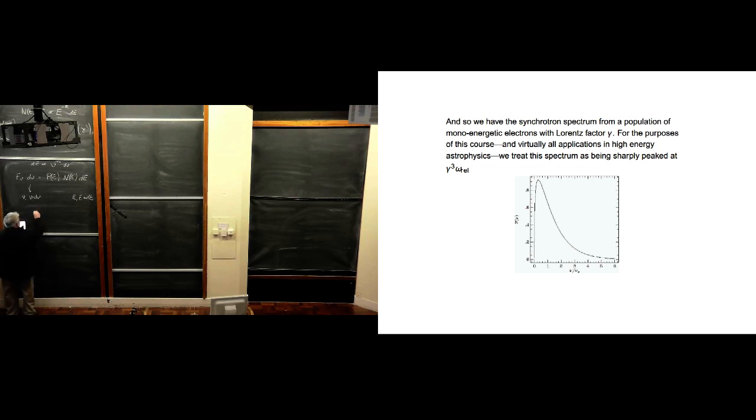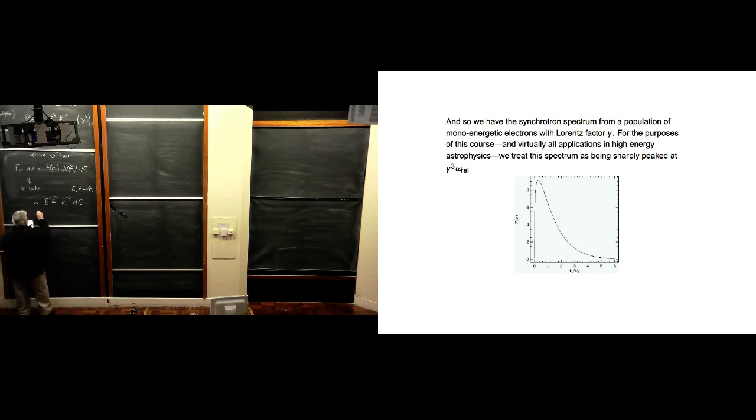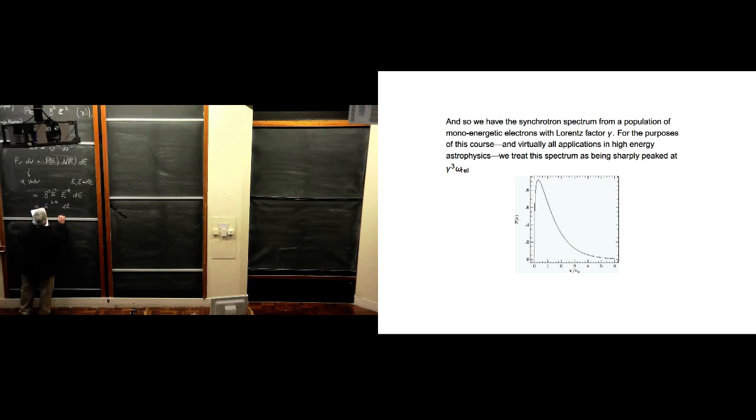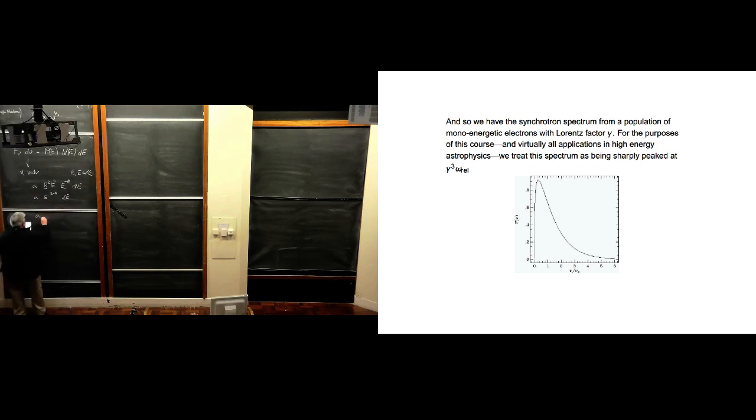So folding in my B squared, E squared from above, that then must go as B squared, E squared, and then E to the minus k, the energy. So that's going to scale as E to the 2 minus k, and then for our variable changing explicitly, that will scale as nu to the (1 minus k) over 2, nu.